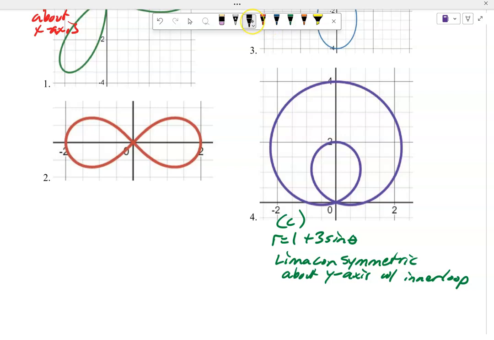And so on. This one would end up being our D, and this one's r squared equals 4 cosine 2 theta. This is the lemniscate.